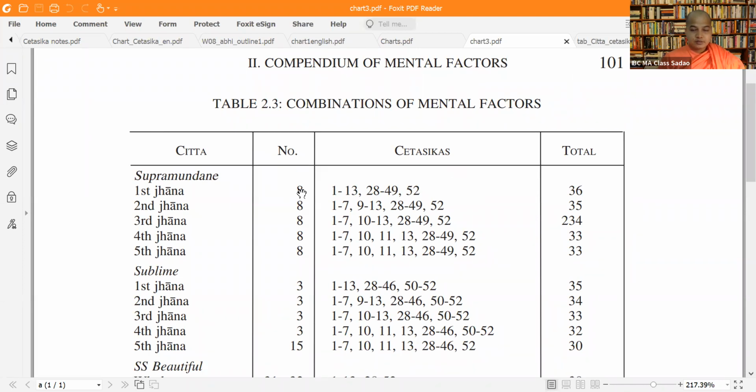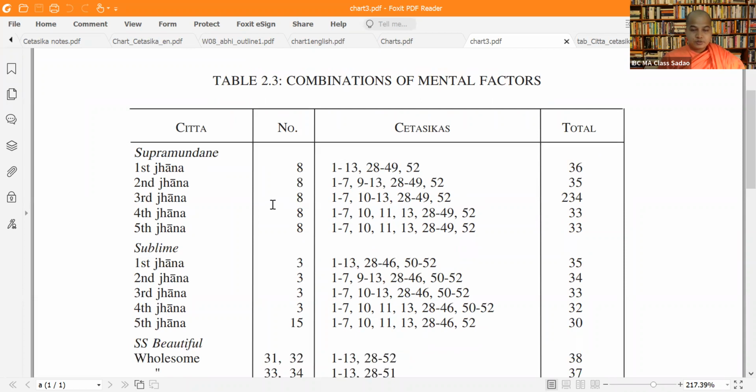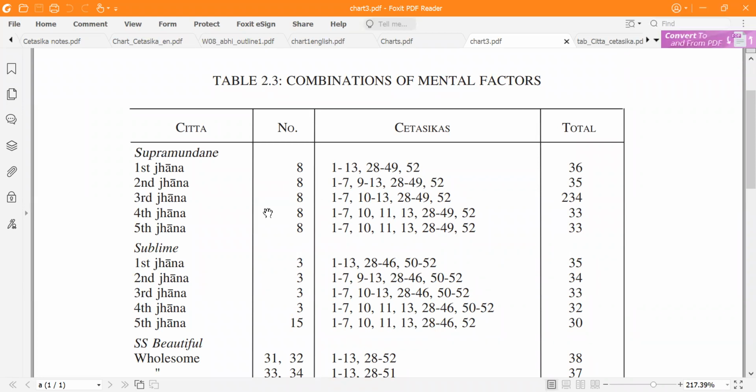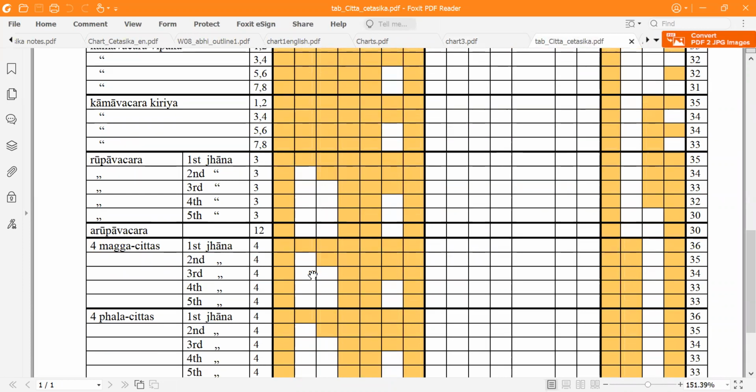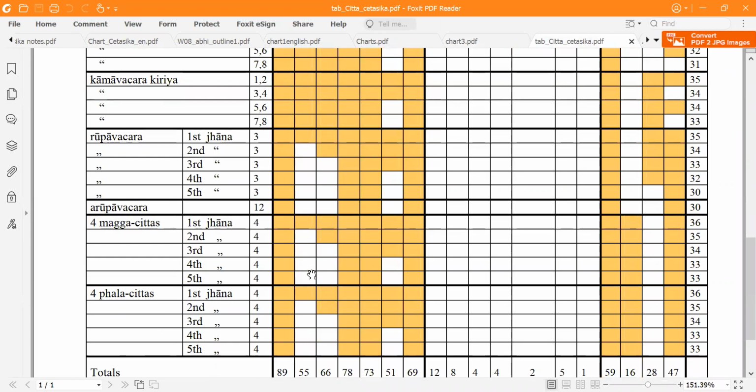How do you have 11 jhanas where vitakka is present? From the sense sphere, no. From the 4, what was it? Lokuttara chitta, and 7 from material sphere and immaterial sphere. The first of them. Yeah, right.